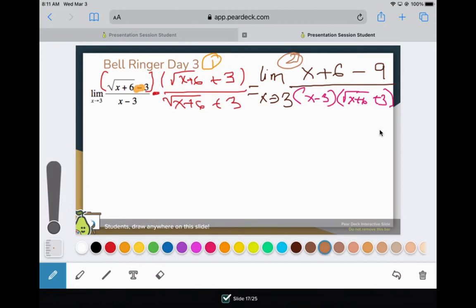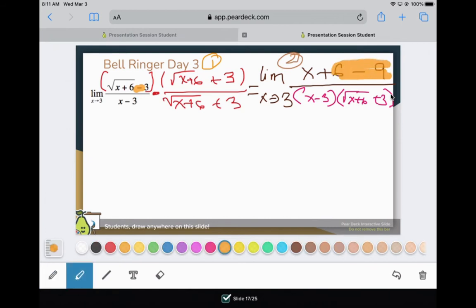So now, if you notice, I look up here at x plus 6 minus 9, these two, we can combine like terms, which you should expect. When you do that, it's going to help you to cancel out the factor in the bottom. So that's going to be limit x approaches 3.